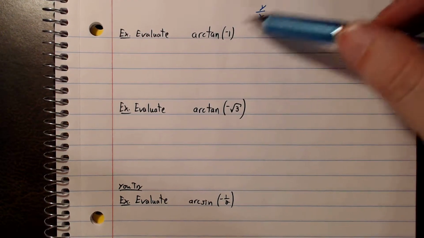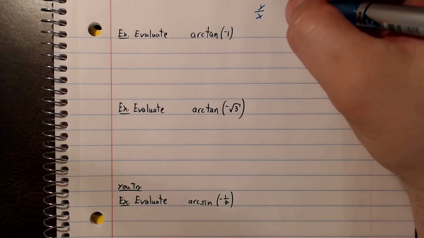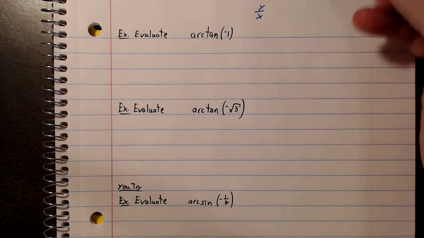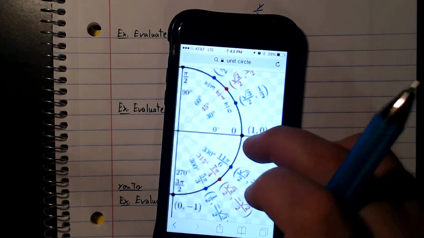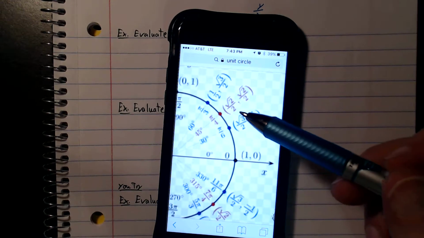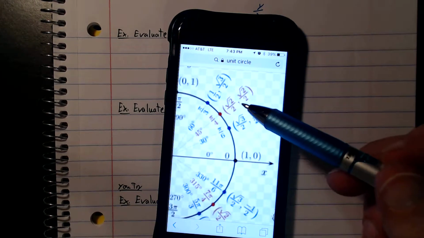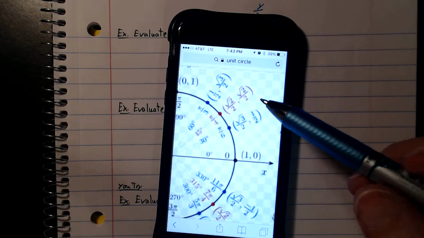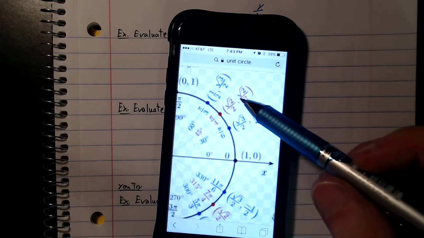But if I want a fraction to end up being equal to 1, that means I need something divided by itself. So when we look at our unit circle, that actually happens. Our x and our y is the same number when we have root 2 over 2. Same number, y divided by x. So this should give us a 1.